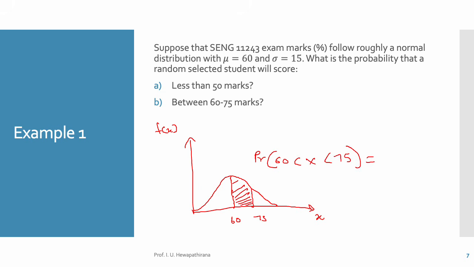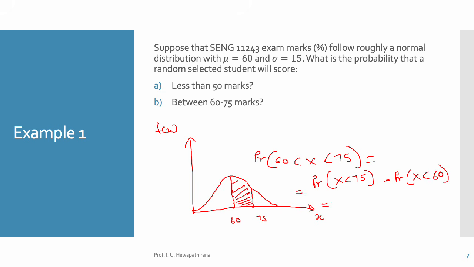So how do we do that? This is simply equal to probability x less than 75, this whole area, minus probability x less than 60, right?